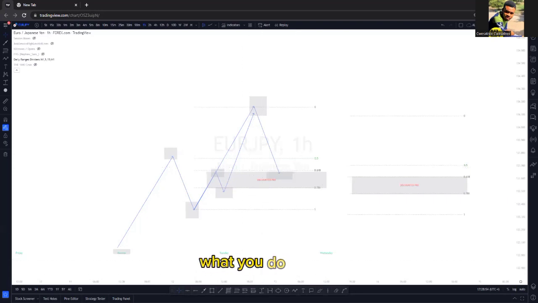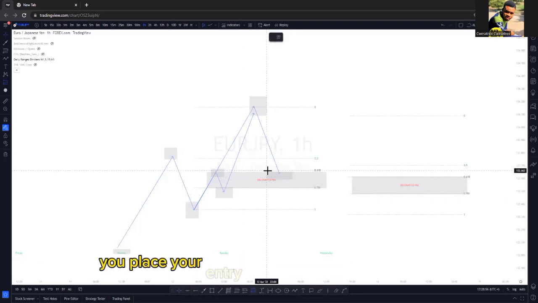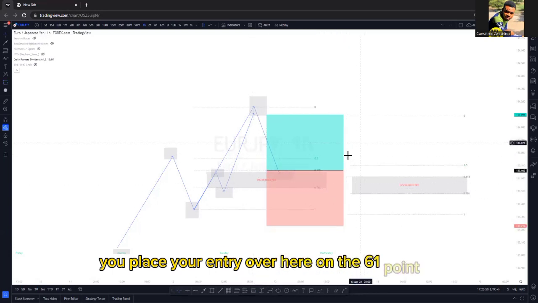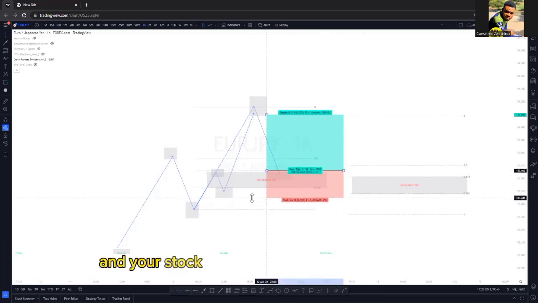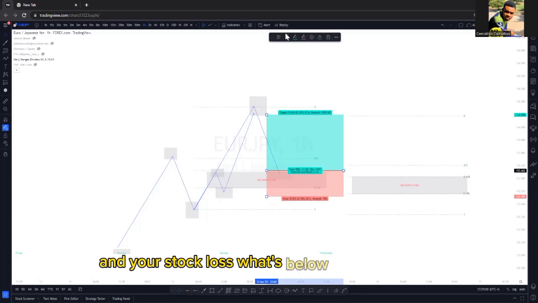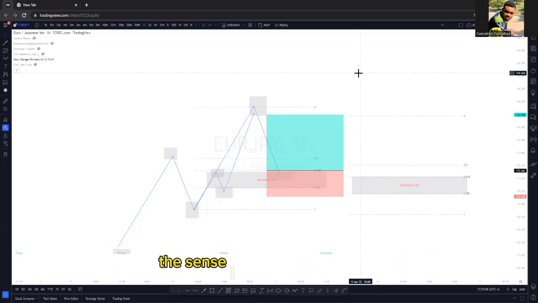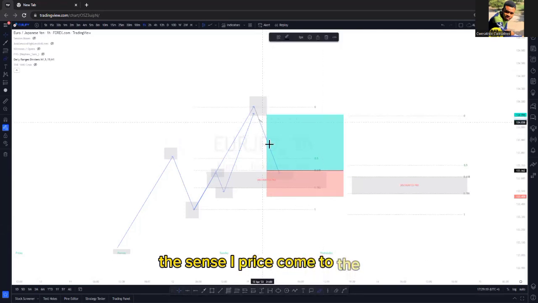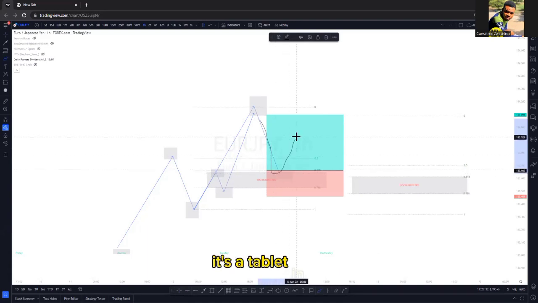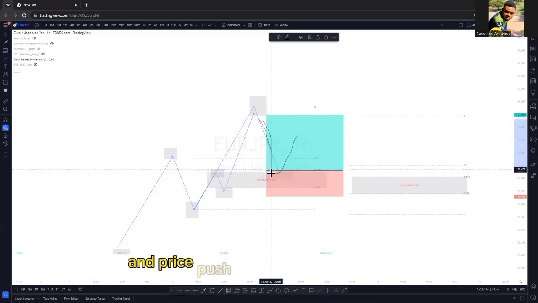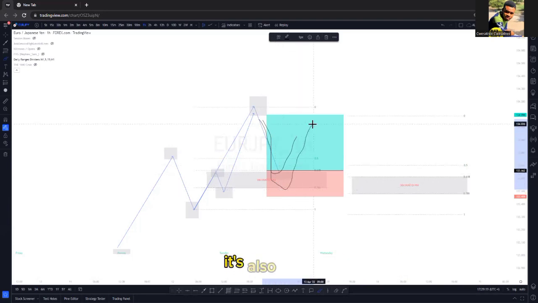So they'll place their entry over here on the 61.80, then their stop loss below the 78.60. In the sense that if price comes to the 61, it will tap them in, or when price pushes further to the 78.60, it will also tap them in.